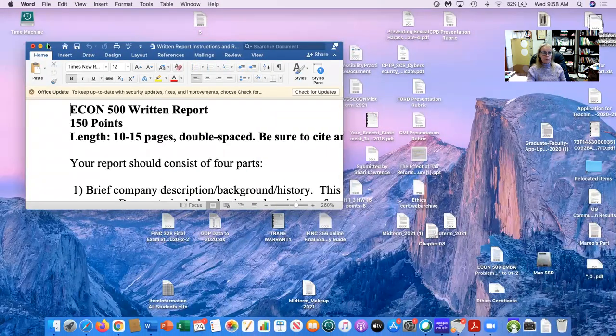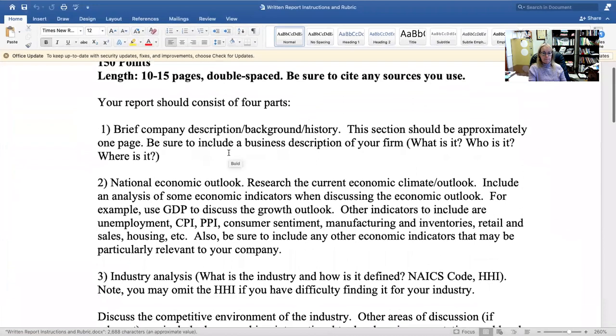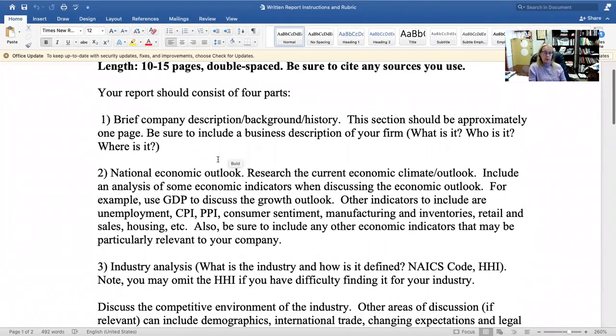So just to sum up, if you have some time over the break, start. I'm sure you've already probably started this, but try to get the first two sections done by next Wednesday, and you'll be in good shape.